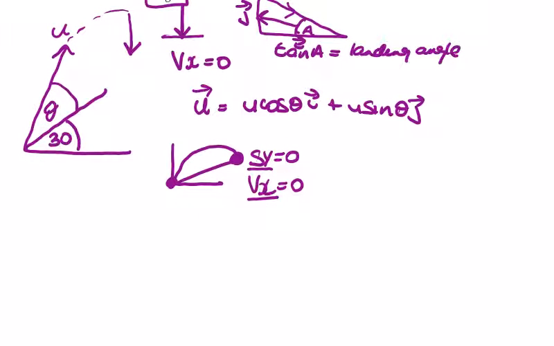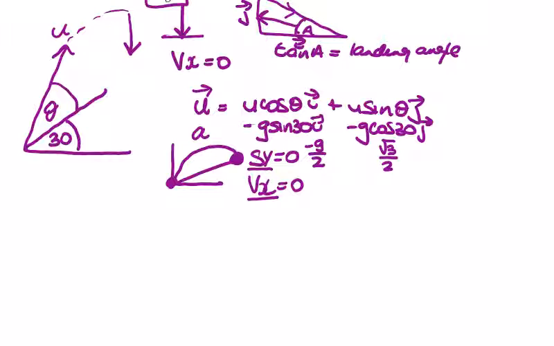Let's put our accelerations in here. We have 30 degrees, so it's going to be minus g sine 30 in the i direction and minus g cos 30 in the j direction. So I'll just put it here: minus g over 2 and minus root 3 over 2 g.